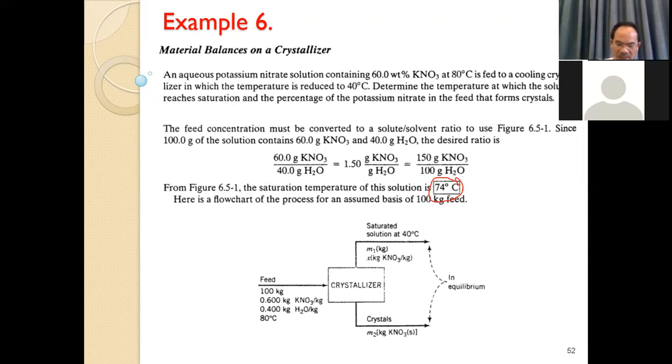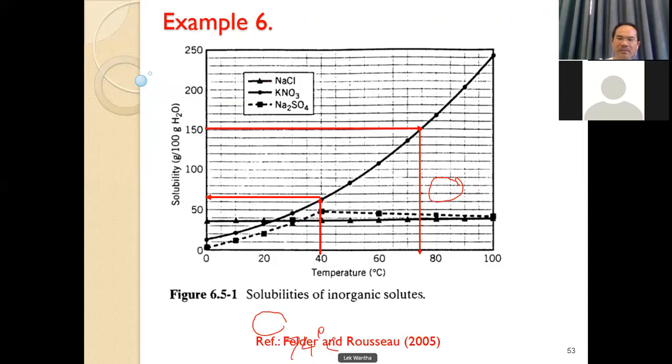We feed at 80, so the feed is undersaturated. Then we reduce the temperature to 74 and reach saturation. Reducing the temperature further gives supersaturation, and then you can induce crystallization.